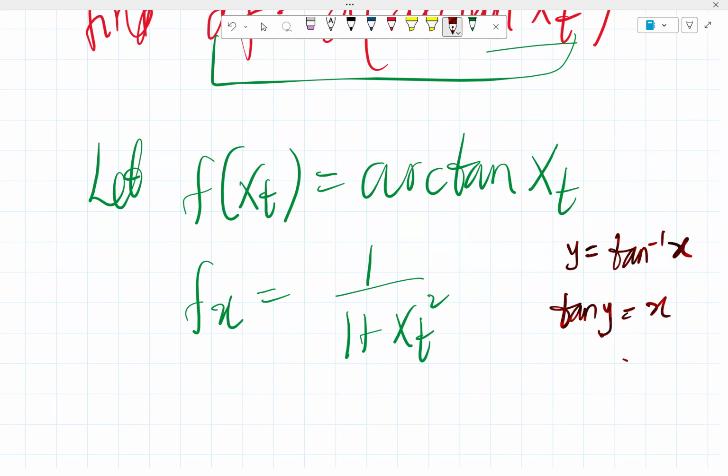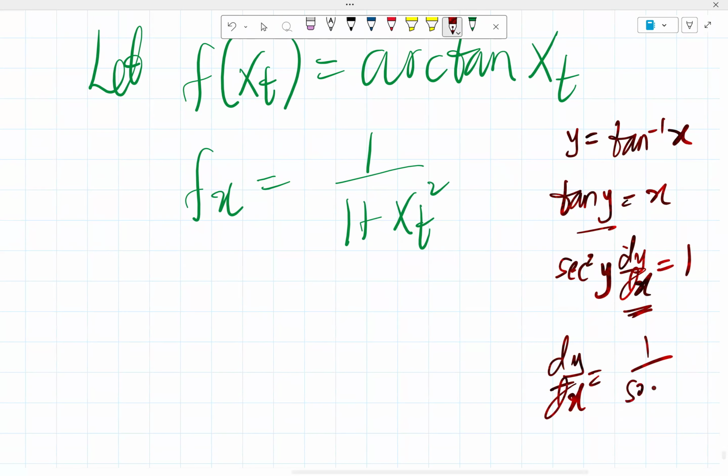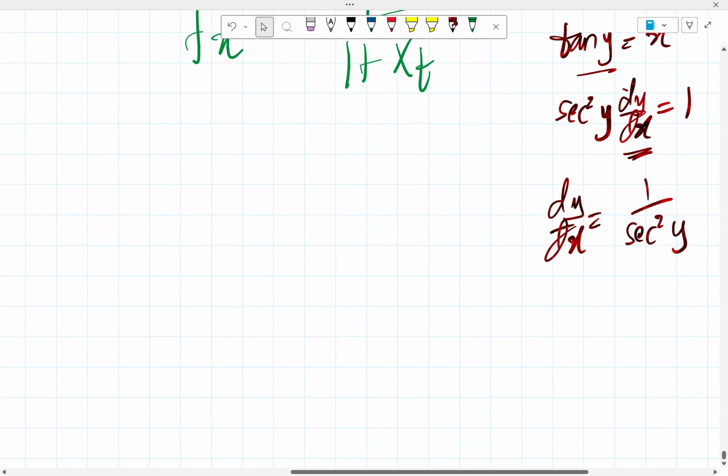You get sec squared y times dy dx, and if you differentiate x, you get 1. So what you're looking for is dy dx, which is equal to 1 over sec squared y.